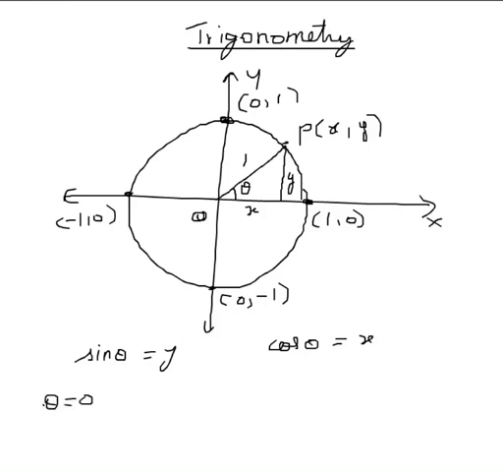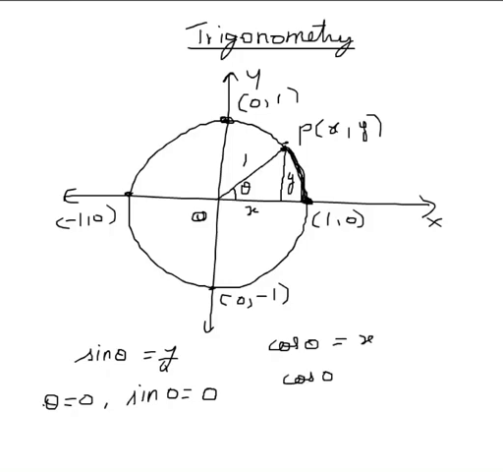If theta is 0, this point P coincides with the point (1, 0). So the y coordinate is 0, and y by 1 is sine theta, so sine 0 is 0 by 1, which is 0.